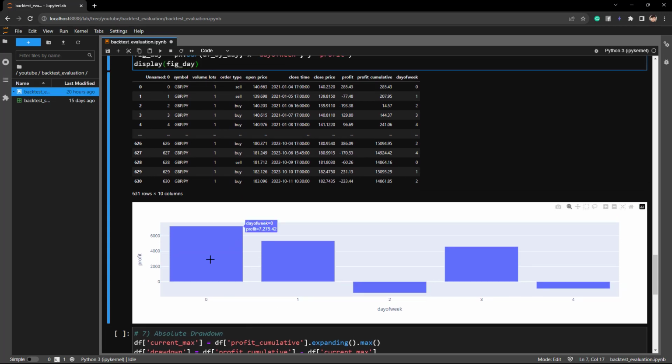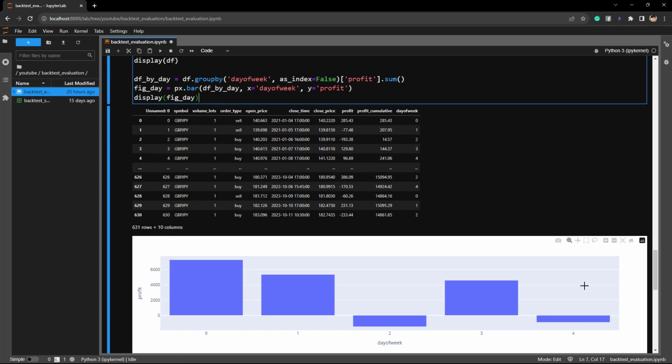So on Monday, which is day of week equal to 0, Mondays have generated $7,279. And we also see, for example, that Wednesdays, they lost money, right? So Wednesdays, they lost $1,467. Also Fridays, right? So this is a very nice way to see how your strategy performs on each day of week.